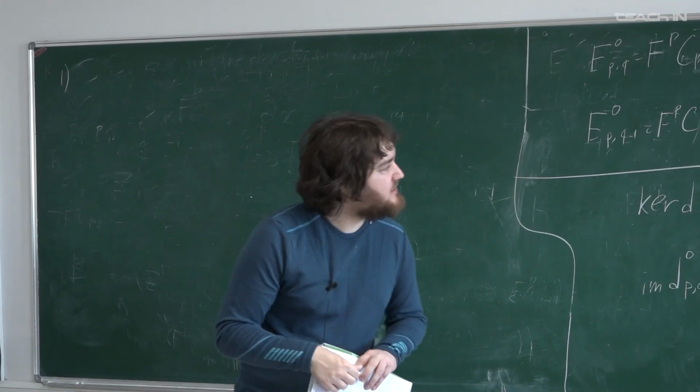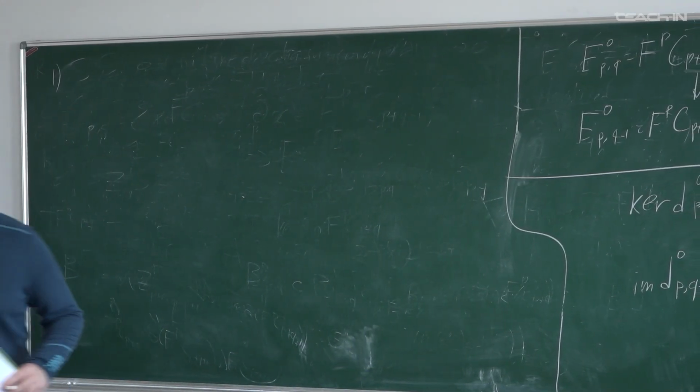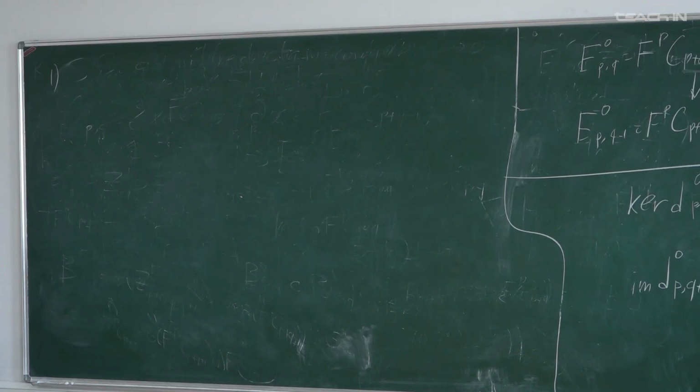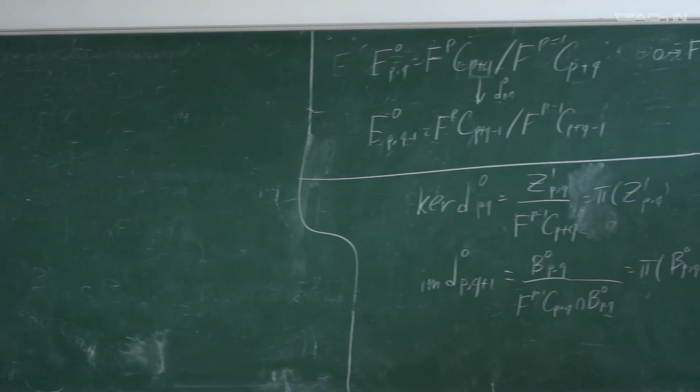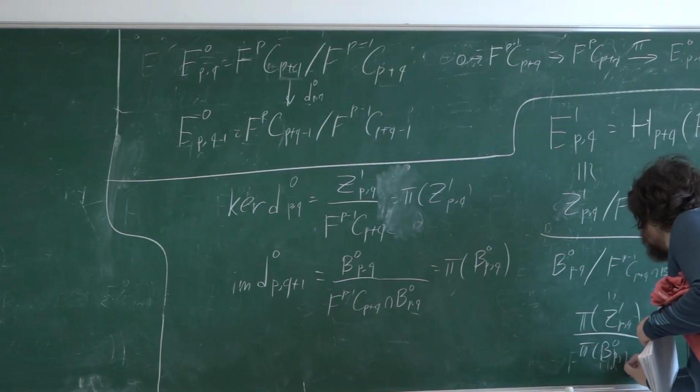At first, maybe it's better to rewrite this as I did before: pi Z1 PQ modulo pi B0 PQ.